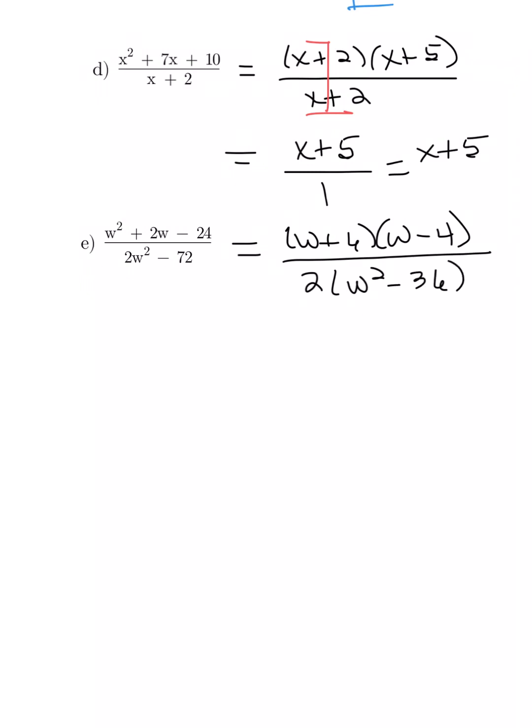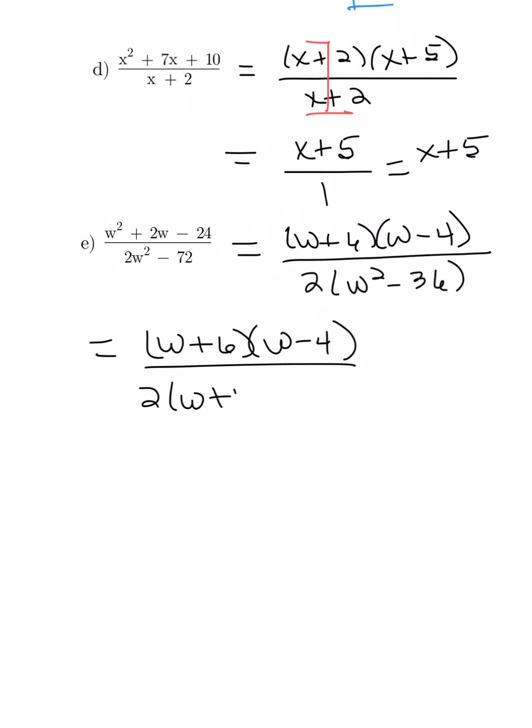But that quantity that's left inside is a difference of squares. So we need to continue factoring that. The numerator stays as it is, w plus 6 times w minus 4. The denominator will factor into 2 times w plus 6 times w minus 6.